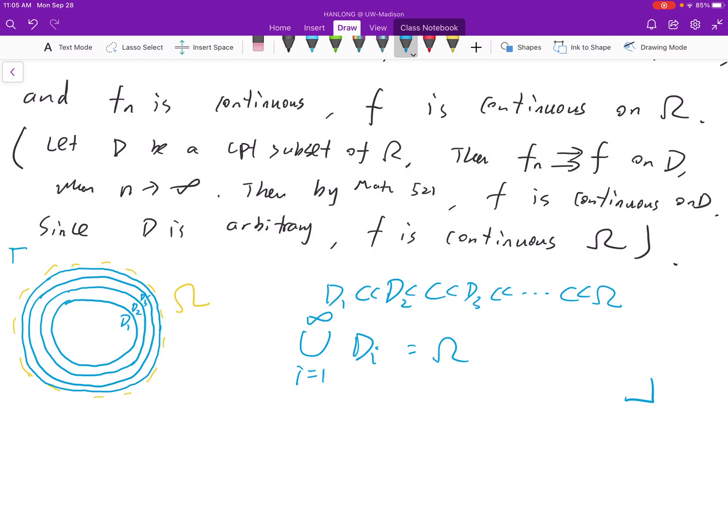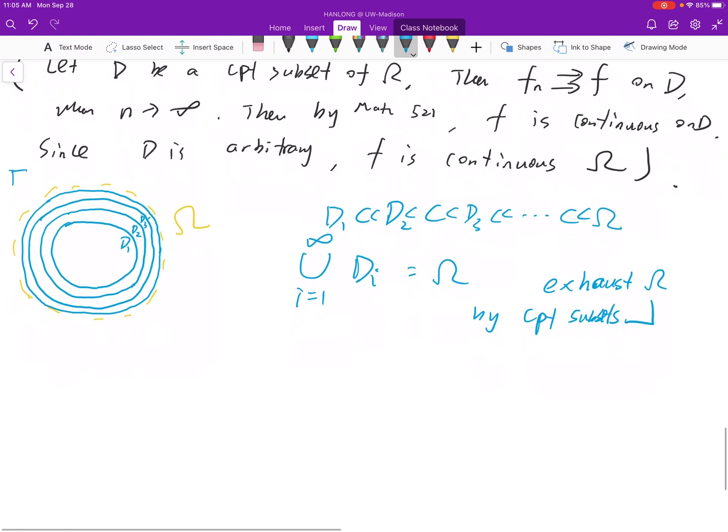This is called exhausting omega by compact subsets. That's a typical technique we will use in analysis.